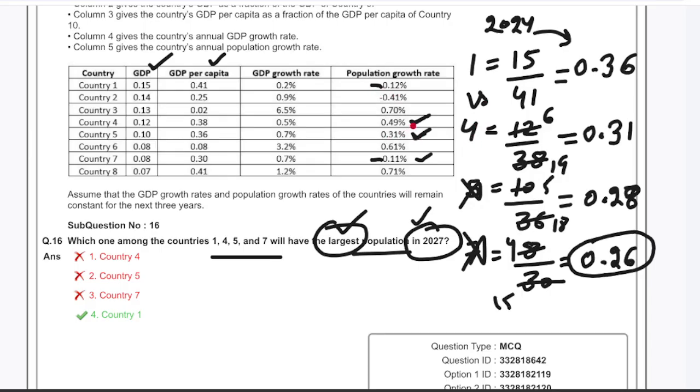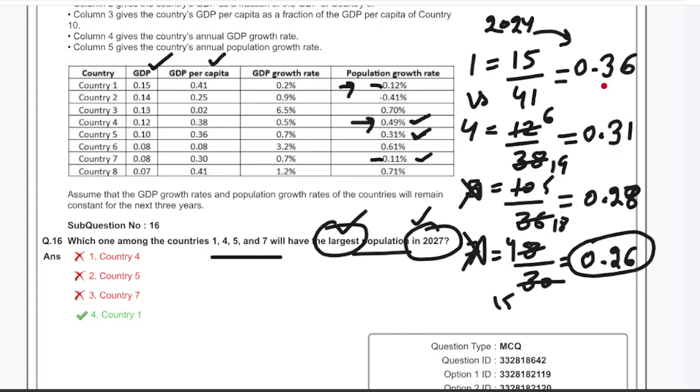Here is a plus of 0.49%. Now, just think one thing. It is 0.12, meaning less than 1%. If I calculate 1% of 0.36, that will be 0.003. That means it's going to be somewhere around 0.35 something, and this will increase to 0.31 something only.